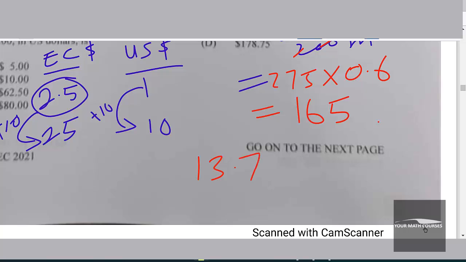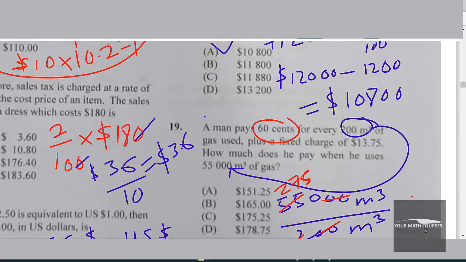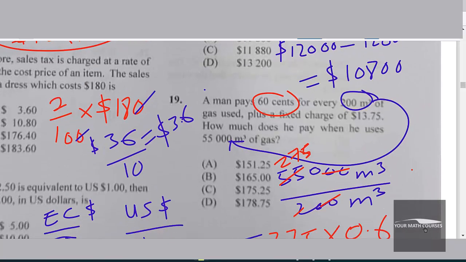So 13.75 plus 165, and that will give us 178.75. So the correct answer is D.